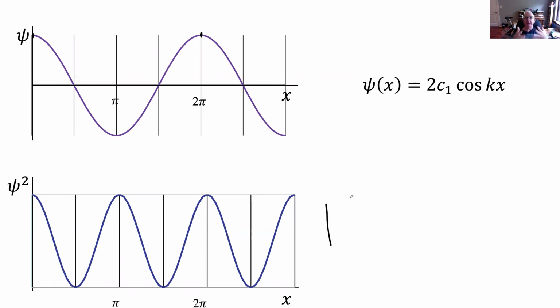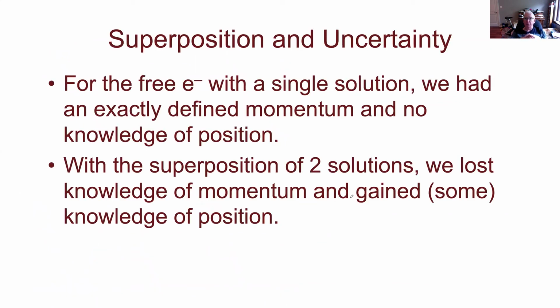So what has happened here is now we know something about where the particle is, but it turns out we don't know its momentum anymore, right? Because the wave function is no longer an eigenfunction of the momentum operator, and that says its momentum is no longer specified, right? So in this superposition of the two wave functions, with a single solution, I knew the momentum exactly, right?